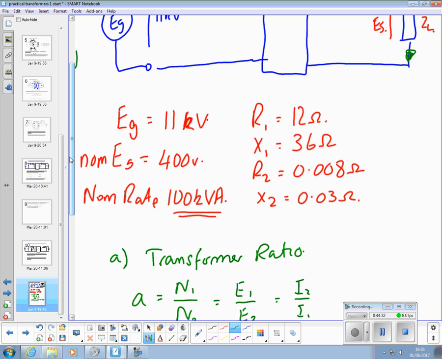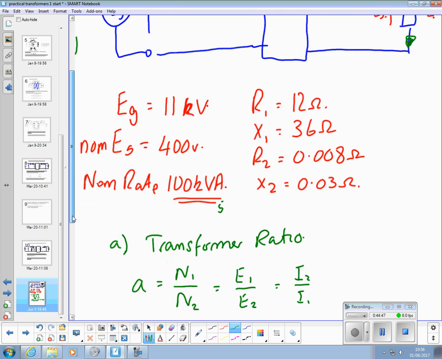Nominal kVA, yeah, nominal S. This is the nominal S, and it's equal to the nominal voltage times the current. So if we rearrange it, we can find the full load current.